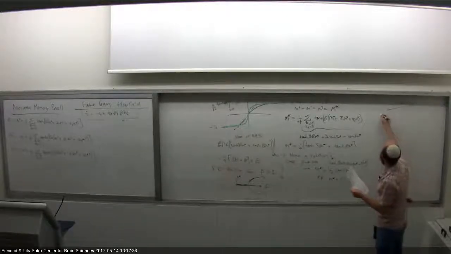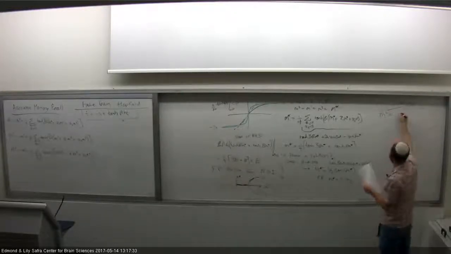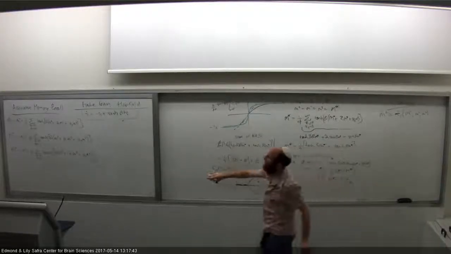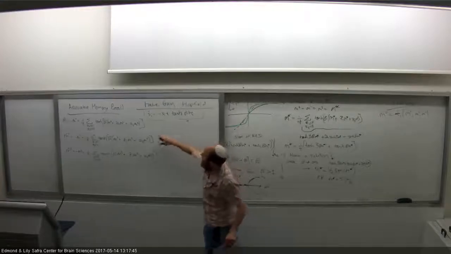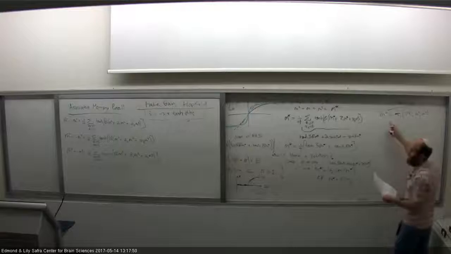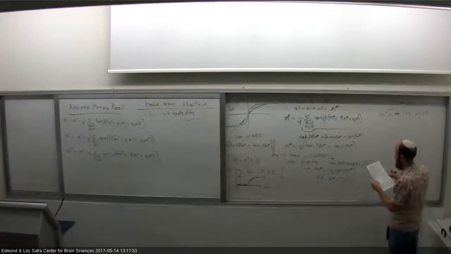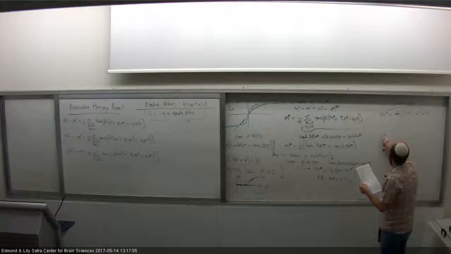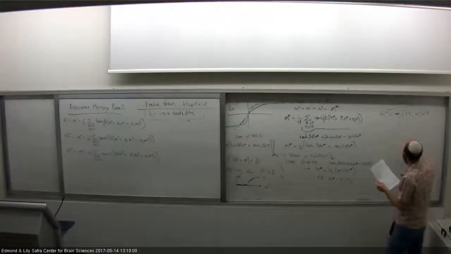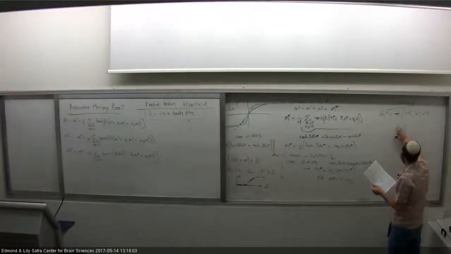let me take a step back to our original equations. I want to write m1 dot equals f1 of m1, m2, m3, and that f1 is just what I have previously written up here, the full dynamics of m1, and so on. I'll do the same thing for m2 and m3, and now we're going to do the stability analysis. We're going to expand around the fixed point.